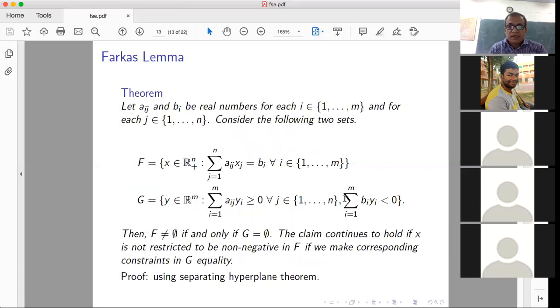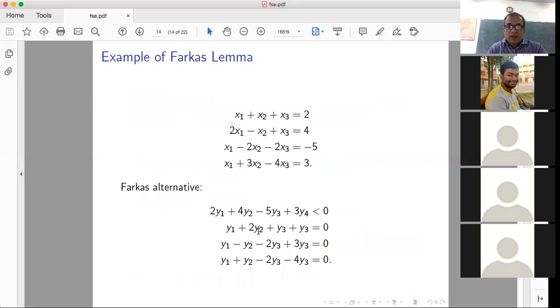And then, as I said, if you don't have the non-negativity constraint, these are just equations, and there is an equation for every variable in the F system. So what is the equation? Look at the coefficient of x1. It's 1 times y1, plus 2 times y2, plus y3, plus y4.